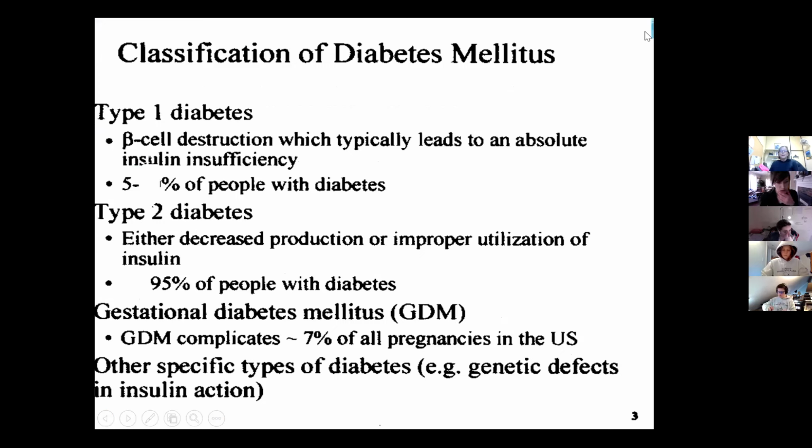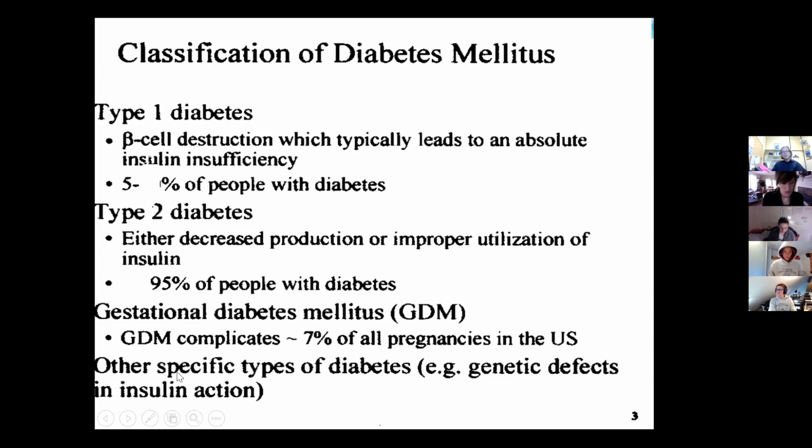So I've talked about the fact that there are different causes of diabetes. Either the person's not making enough insulin, or they're not using their insulin adequately. And that leads us to the classification of diabetes. There are really only 3 classifications that you need to be concerned about at this point in time.